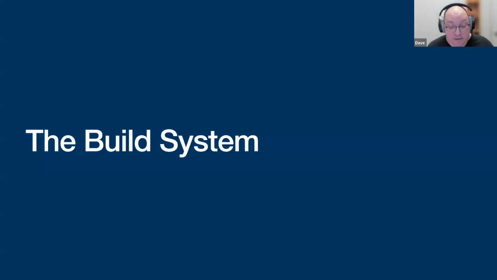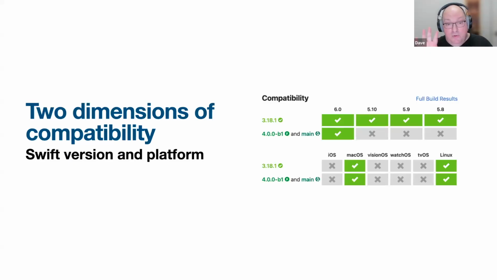But what we're really here to talk about today is the build system. And this is the reason that we have ended up with an Orka cluster. But before we talk about the Orka cluster, let's go into a little more depth about what this is showing. It's measuring compatibility across two dimensions.